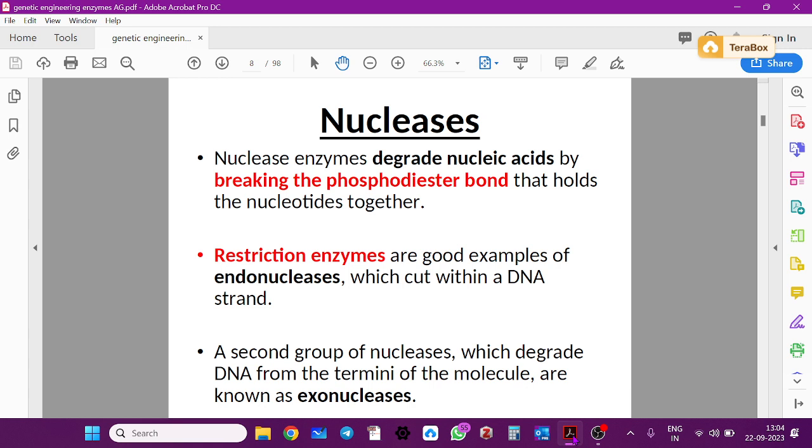So nucleotide 1 is attached to nucleotide 2 by phosphodiester bonds, so they cut these bonds. They degrade nucleic acids by breaking the phosphodiester bonds, the phosphate bonds between nucleotides.